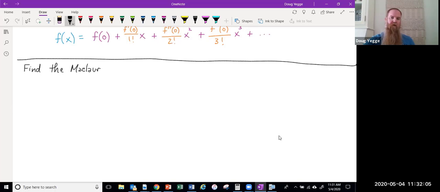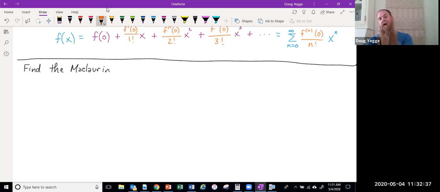So essentially all we're doing here, and I guess I should probably go back up here and just reiterate what this is. Notice that this Taylor polynomial is just equal to the sum from n equals 0 to infinity. All I'm going to have is x to the power of n. It's just that every coefficient is going to be the nth derivative at 0 divided by the corresponding n factorial.